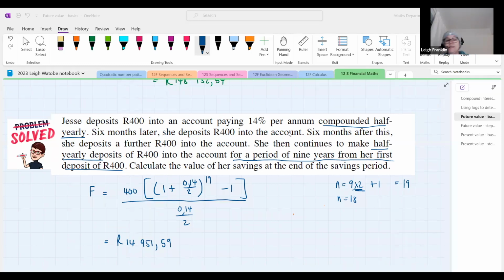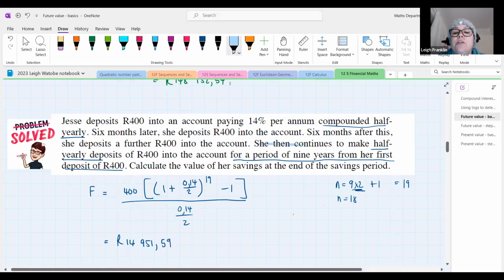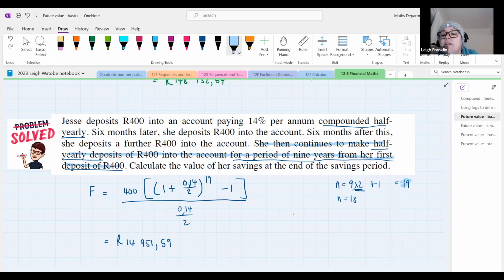When it says here, she continues to make half-yearly deposits of 400 Rand into the account for a period of 9 years from her first deposit of 400 Rand, they are implying that she makes that initial deposit, and then for 9 years after that, she makes 2 deposits a year. But that's why I said to you, I think you would be forgiven in this case for using 19 or 18. I think it is a little bit ambiguous.